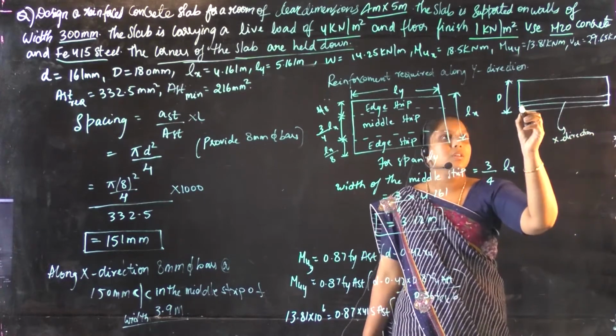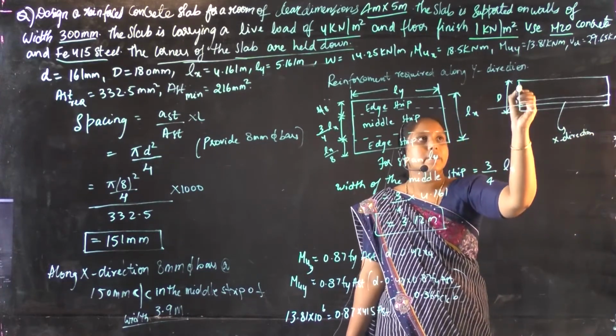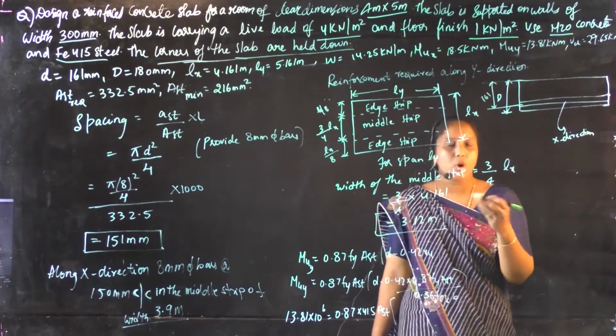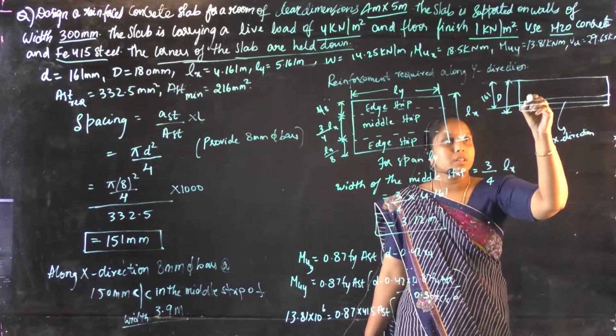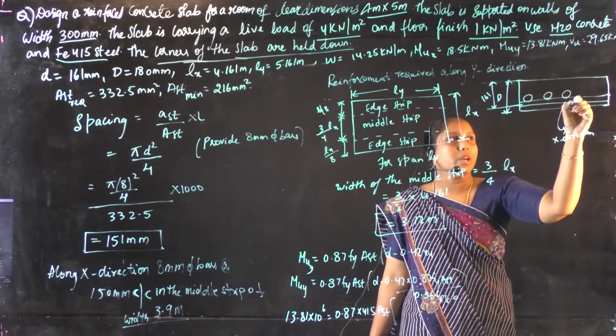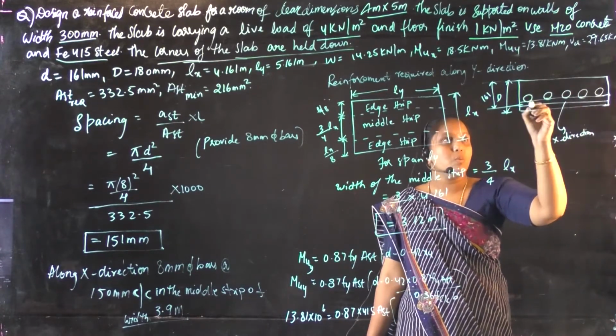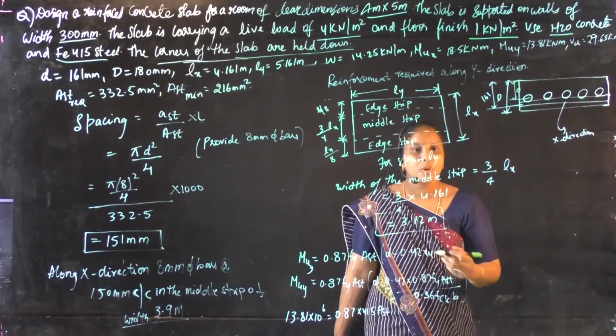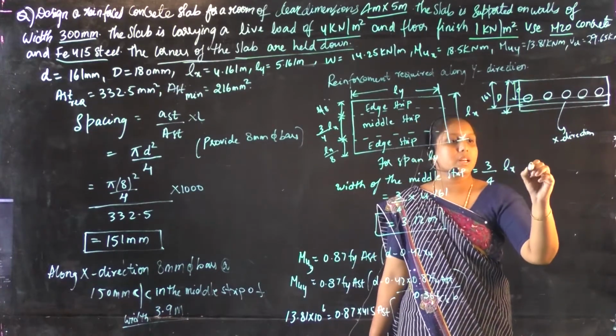This center distance to this top will be our d, which is nothing but 161 mm that we have taken, and the reinforcement in the y direction will be provided like this. So this particular distance is required. That is what we have to calculate here.